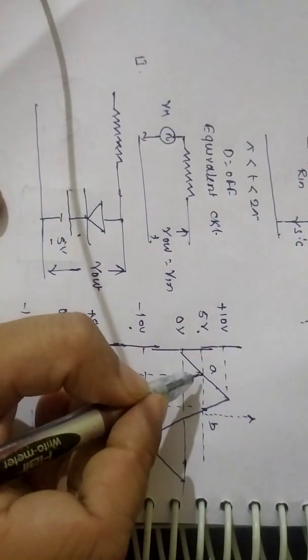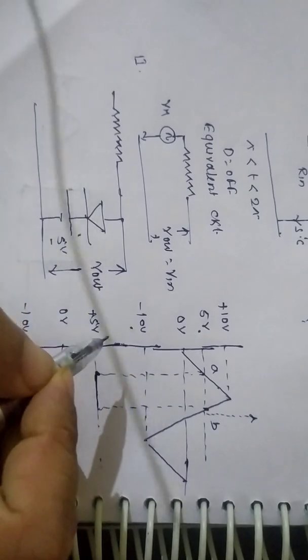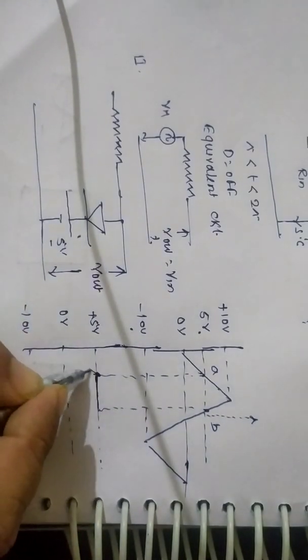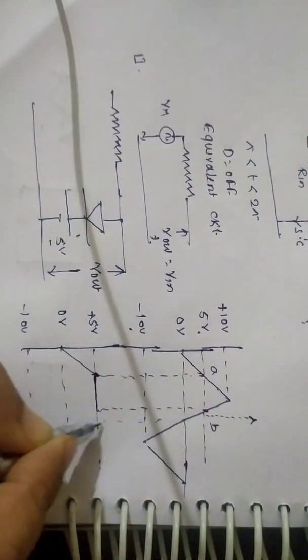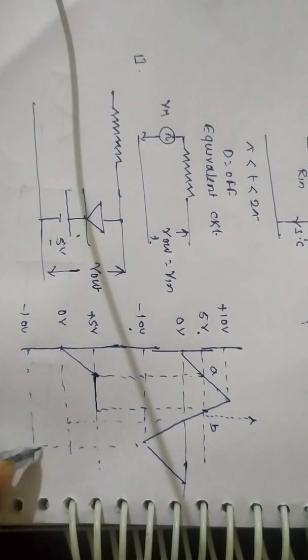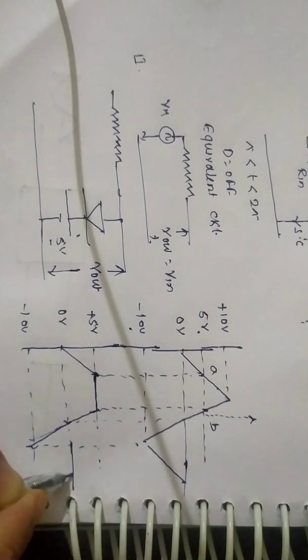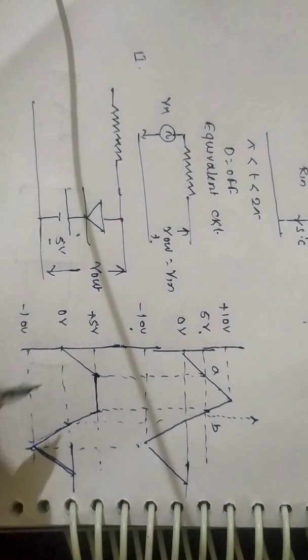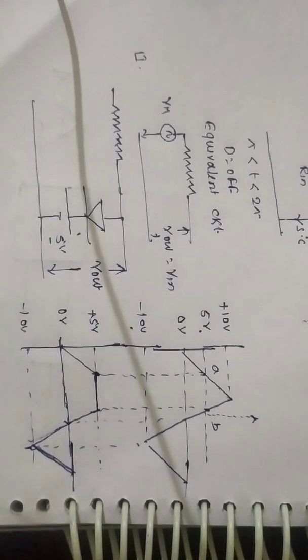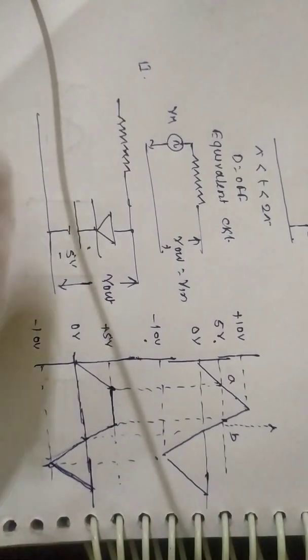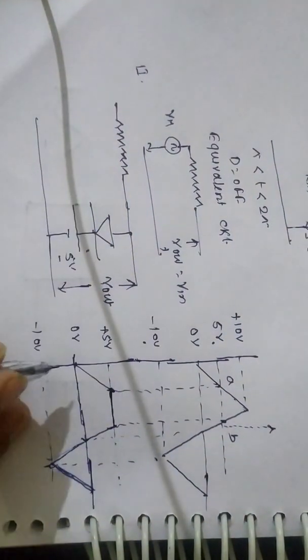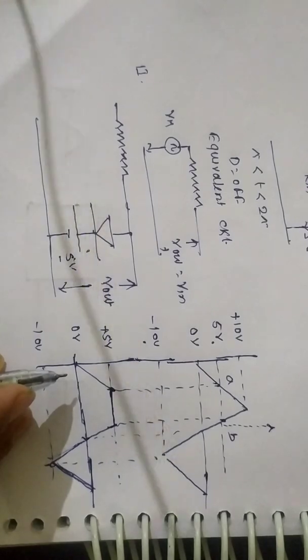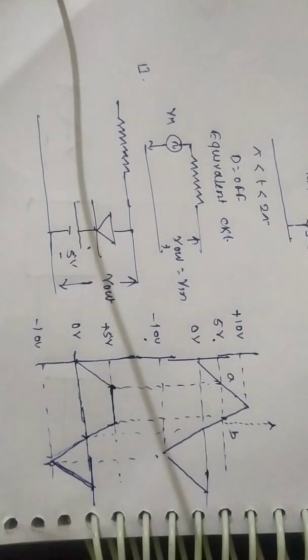And any voltage below this 5 volt, output is nothing but equal to input. We'll get it like this. So this is one example of positive biased shunt clipper circuit.